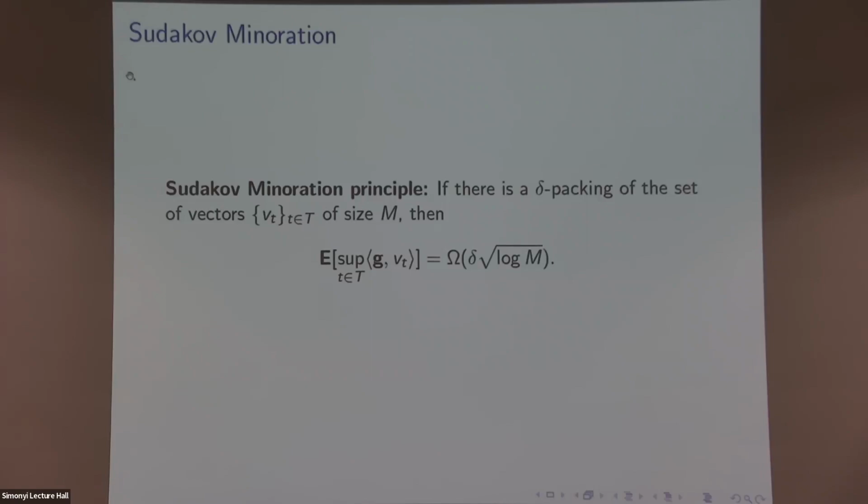If you have many vectors which are all far apart from each other, the expected sup is going to be large. Because you know that this expected sup is bounded by 1, you know m cannot be much more than 2 to the 1 over delta squared. Otherwise, you will run into a problem, because the Gaussian width is constant, it's 1 for us.